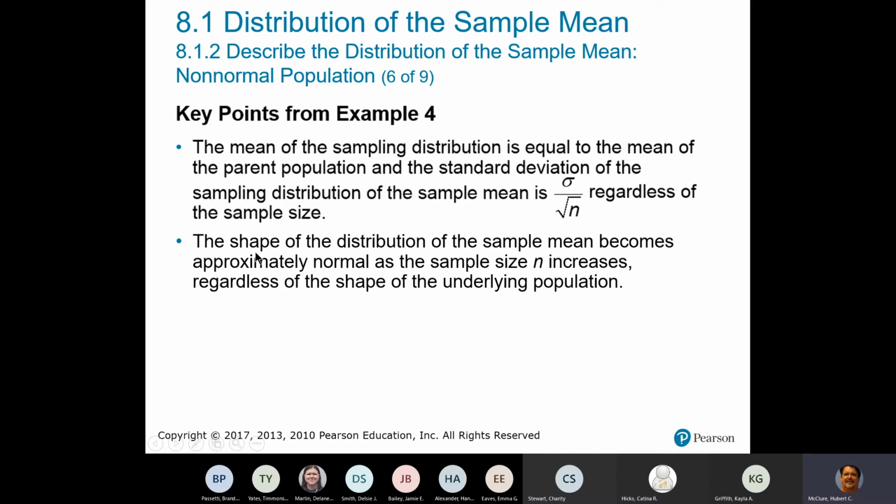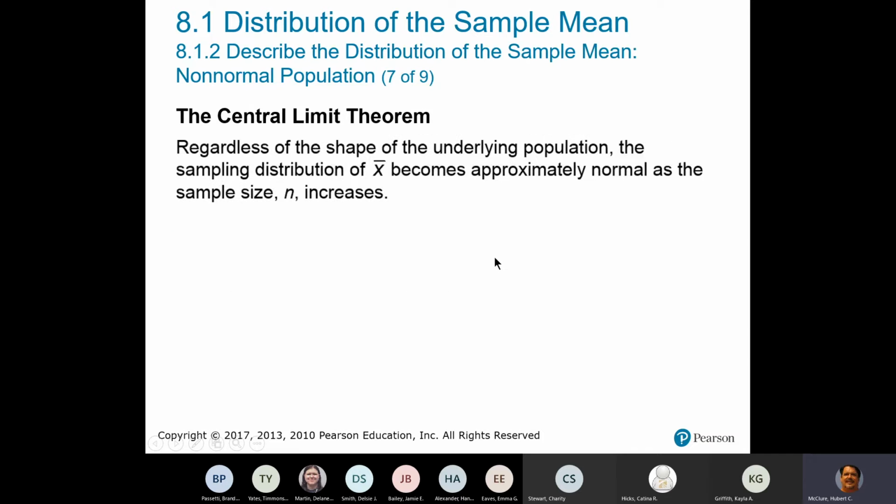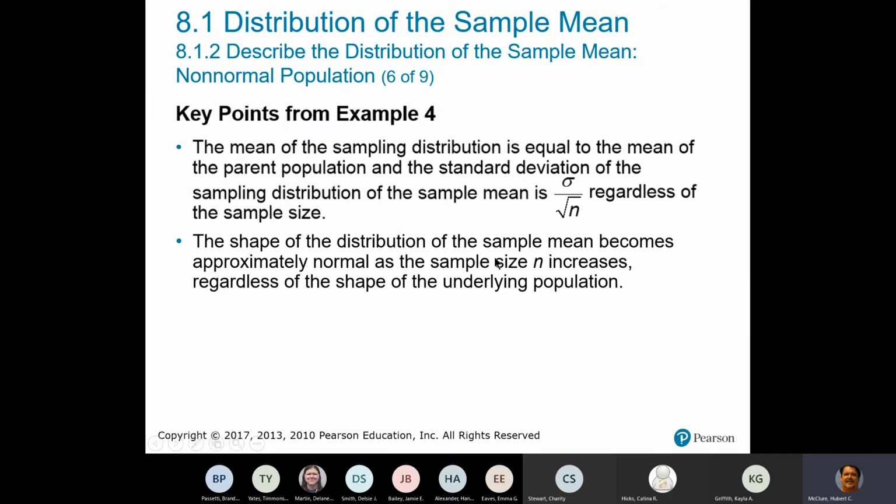Write that down. The shape of the distribution of the sample mean becomes approximately normal as the sample size increases. Okay, that's very important that you understand, because I told you in Unit 1, just like a few slides back, the large number rule.